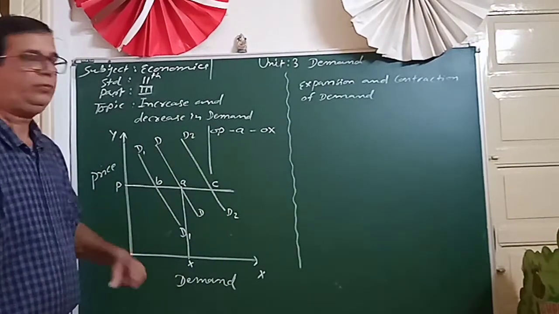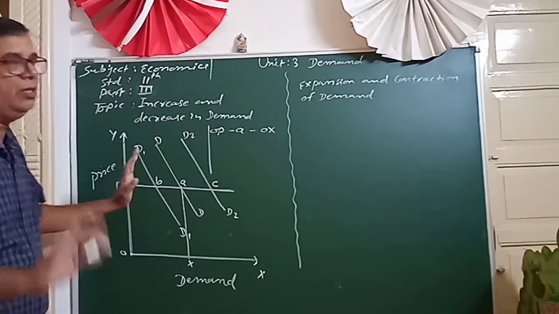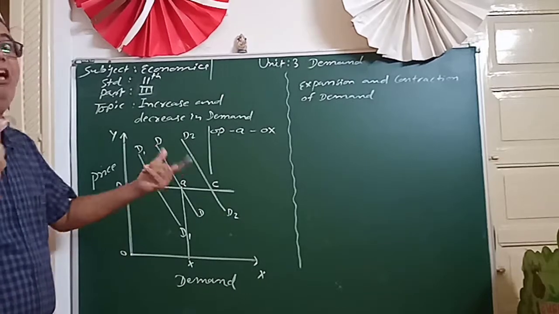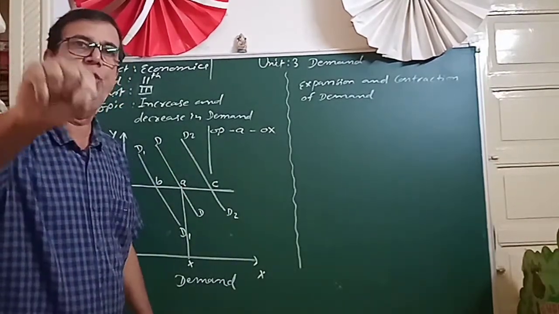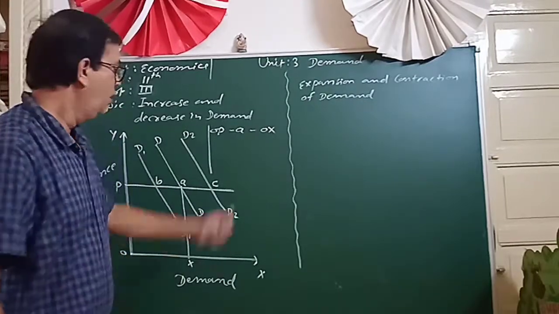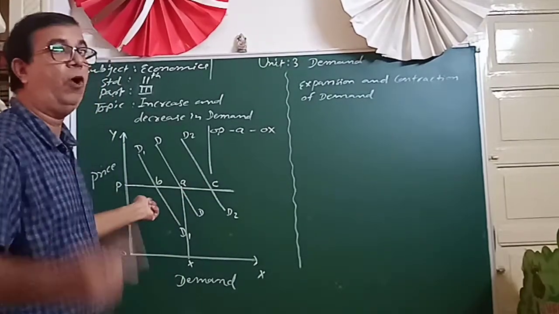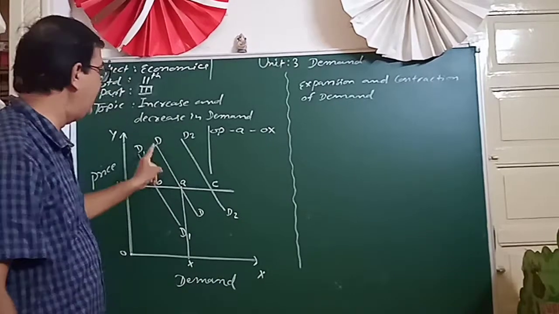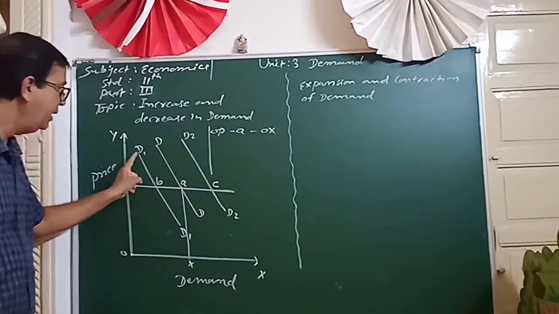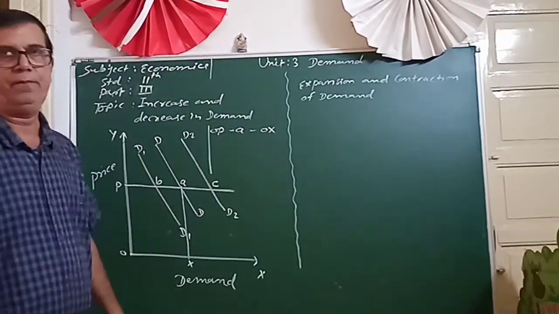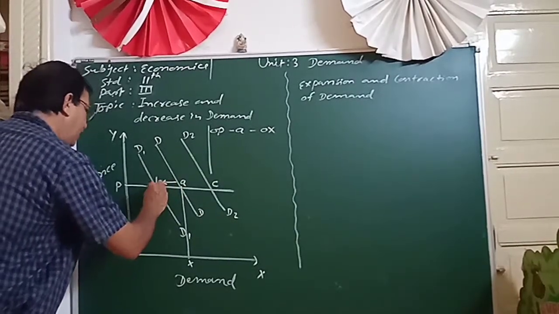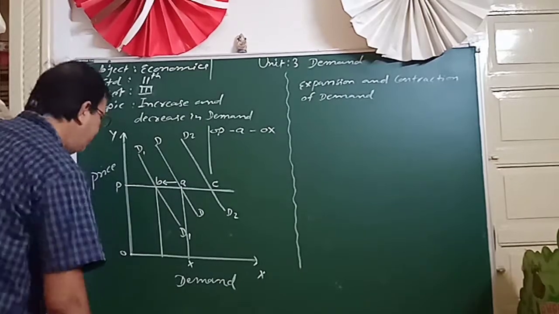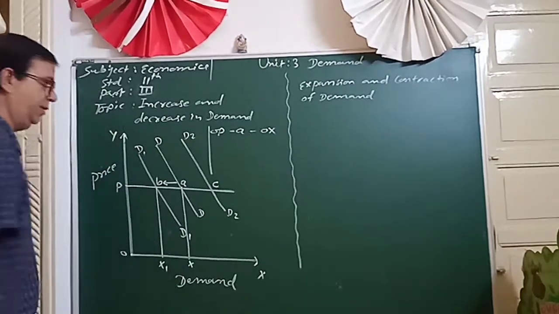Now, the price remains constant, and because of other factors the new demand curve moves to the left of the original demand curve DD, and we get D1. The equilibrium point shifts from A to B. At that time, demand is OX1.